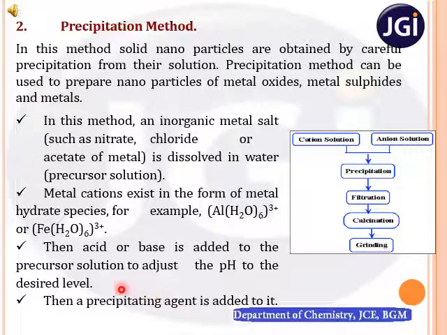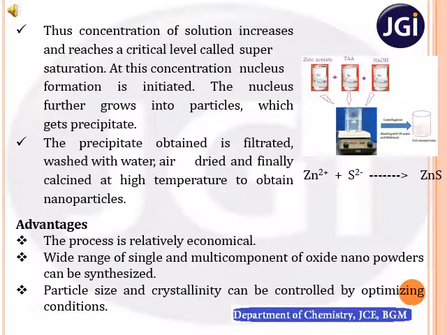By the addition of this precipitating agent, the desired material gets precipitated out from the solution. With the addition of the precipitating agent, the concentration of the solution increases and reaches a critical level called supersaturation. At this concentration, nucleus formation is initiated. The nucleus further grows into particles which get precipitated.